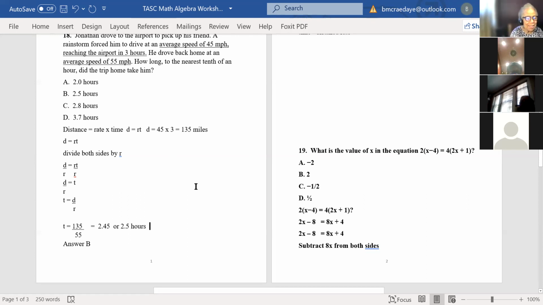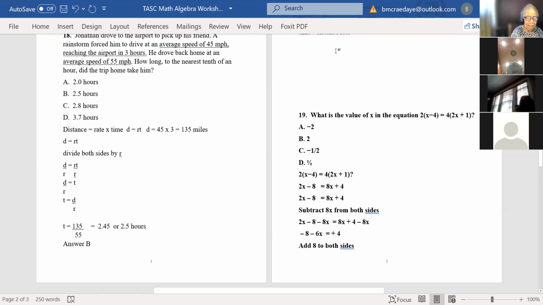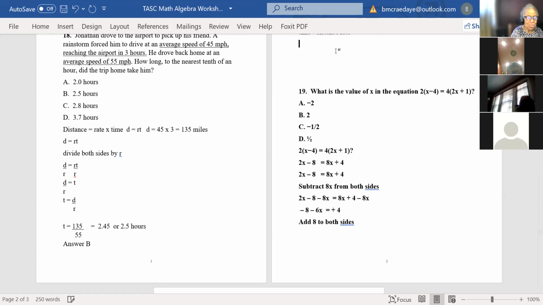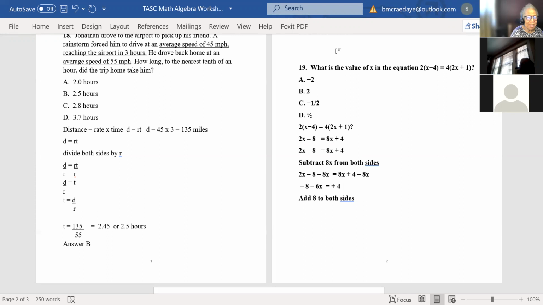Okay. All right. Let's go to number 19. How would you solve this? Now, because we're looking for the value of X, let's take this expression.